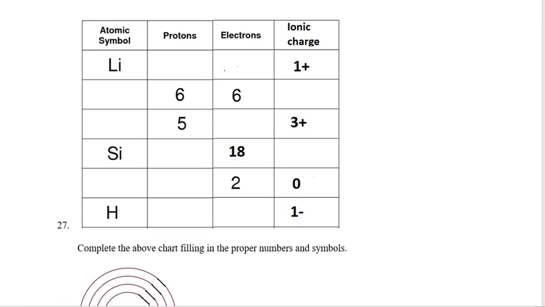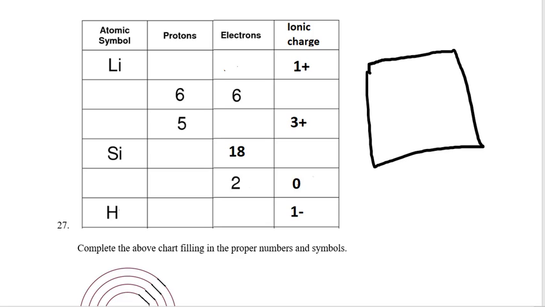Okay, now the thing to remember in this chart is that the protons and the electrons are not necessarily neutral. In fact, over here, this is explaining the chart. For example, in the case of lithium, the first one, it tells me I have an ionic charge of +1. Since I have 3 protons, that's for sure. It doesn't say anything about neutrons, so we don't know the mass number. But we do know one thing.